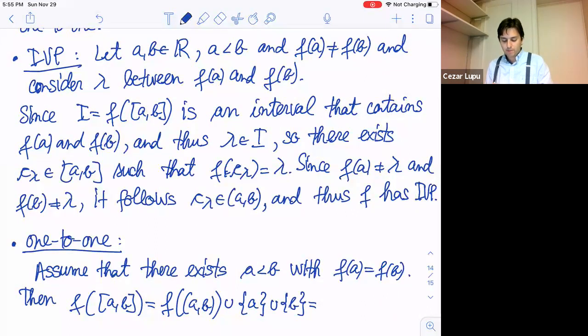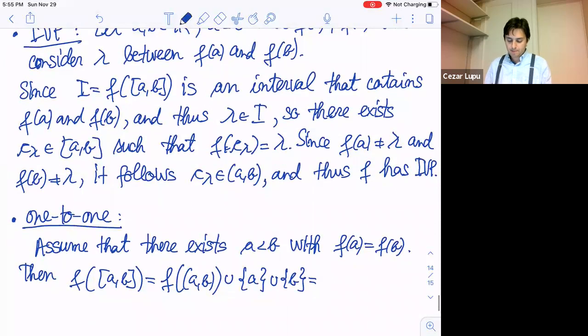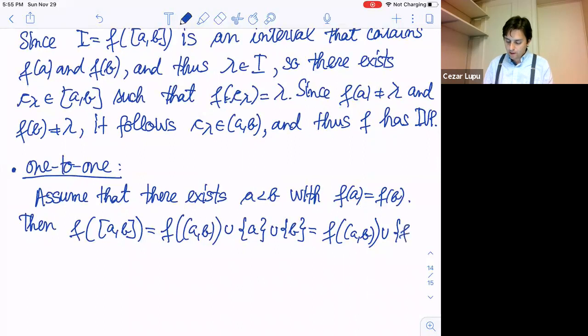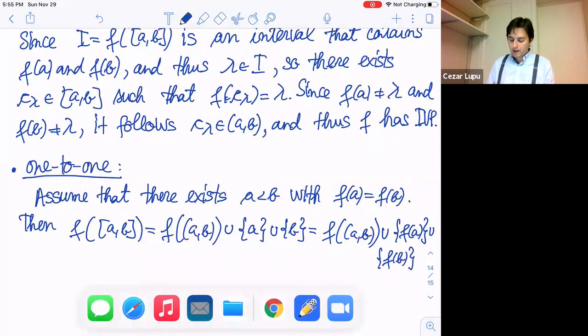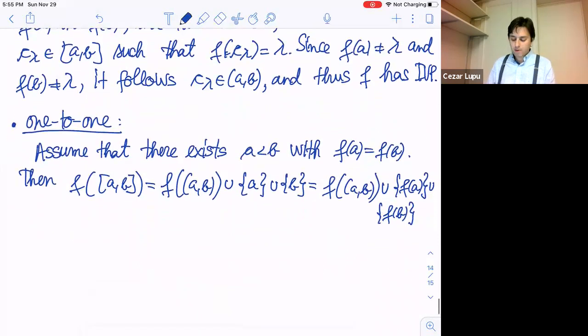So this is f of the open interval (a, b) united with f of a and f of b. Okay, but f of the open interval (a, b) will be some open interval, let's say (alpha, beta), united with some element k, let's say.